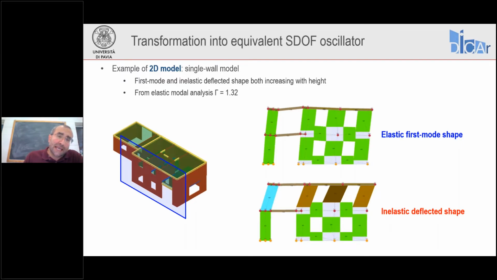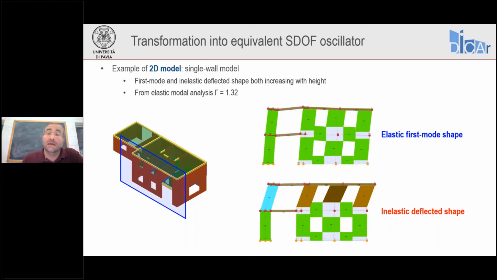Now, let's start with an easy case, a 2D model. Here you can see the elastic first mode shape and the inelastic deflected shape for the wall highlighted by the blue plane on the left-hand side figure. We can do a single wall analysis in this case because the diaphragms are considered to be flexible. So we extract this wall, we analyze.